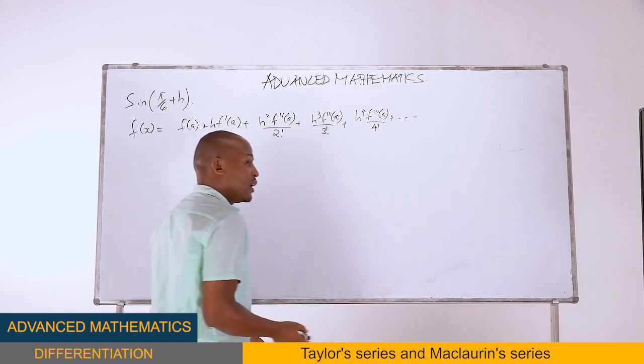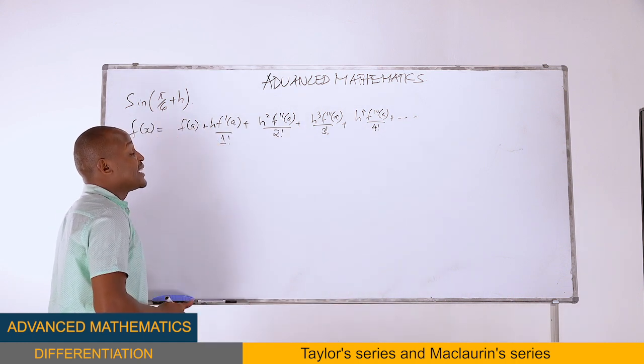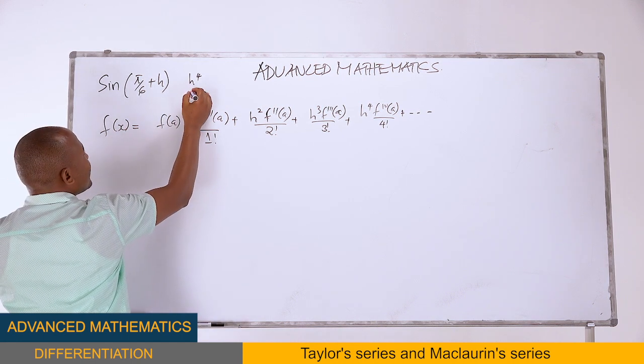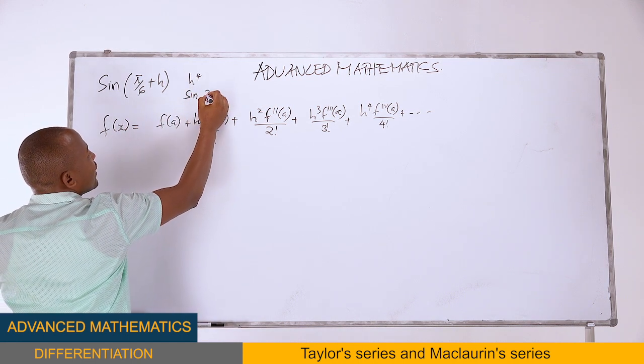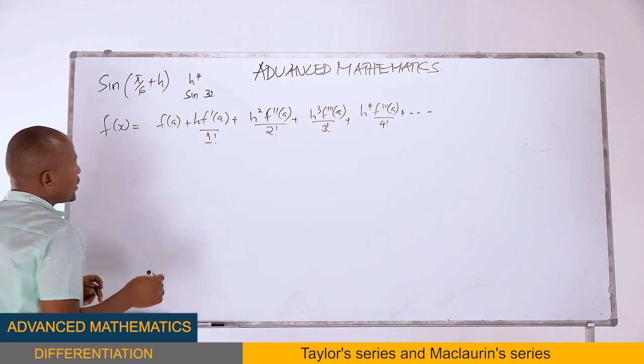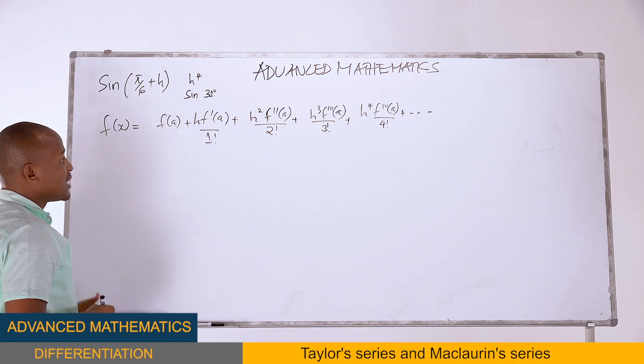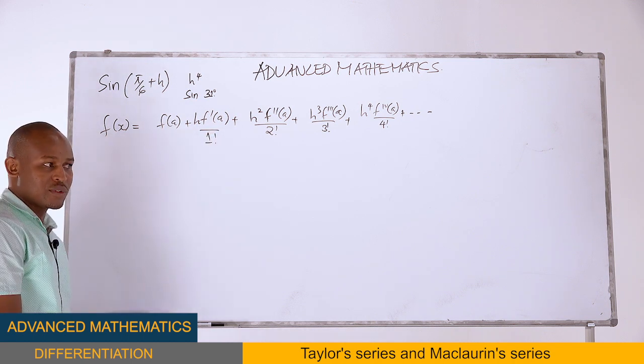That's why in our question we have been instructed to find as h goes to 4, and then after that we have been told to find the value of sine 31. This is in degrees, remember that. Now how are we going to do that? And this is our series, how it will look like.